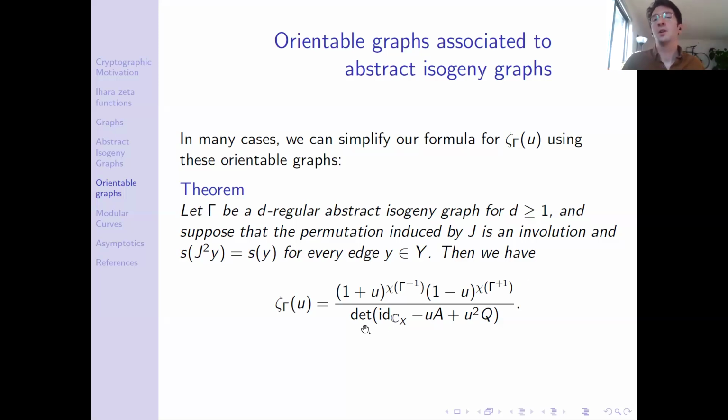And then the denominator, you have the determinant of exactly what shows up in the original Ihara determinant formula. So I realize this q I didn't define here, but q is just the scalar matrix that multiplies by d minus 1. So it's the same thing that showed up earlier.